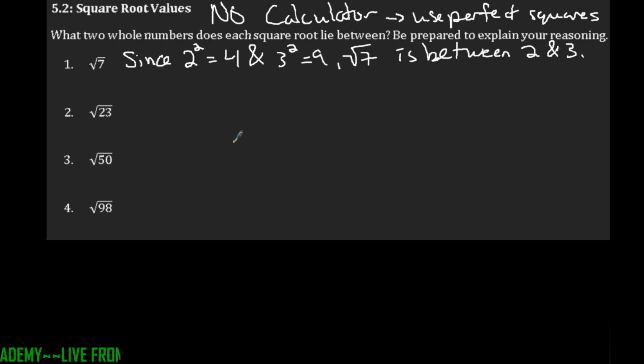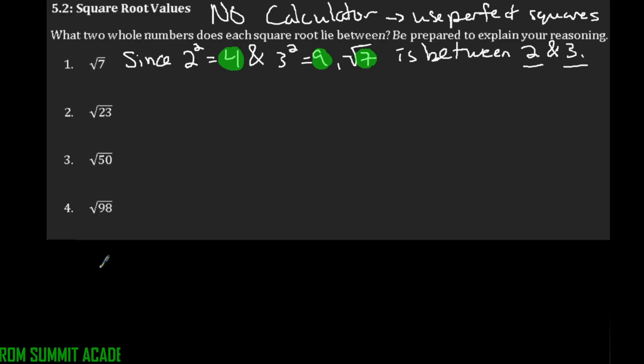The value inside of the radical symbol, 7, is in between 4 and 9, so when I take the square root, it's going to be in between 2 and 3. And usually those numbers are going to be back to back, or consecutive.